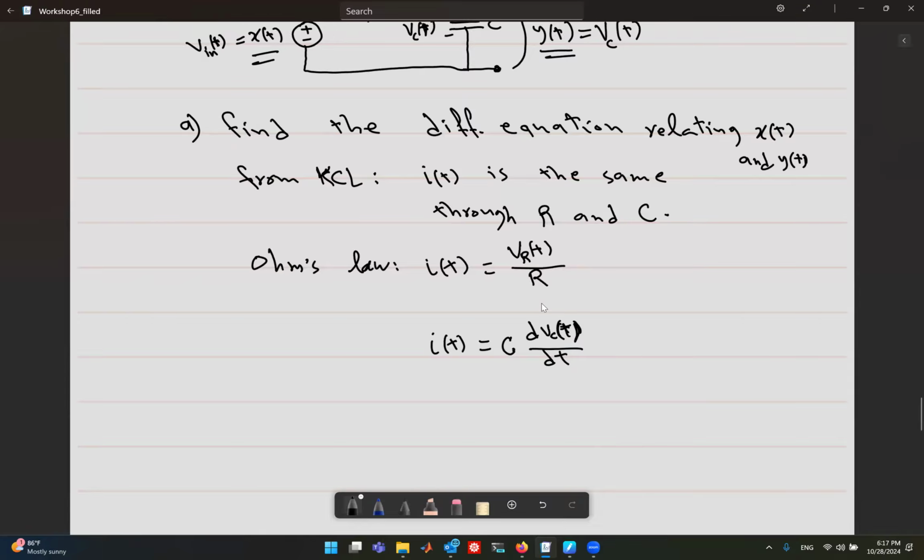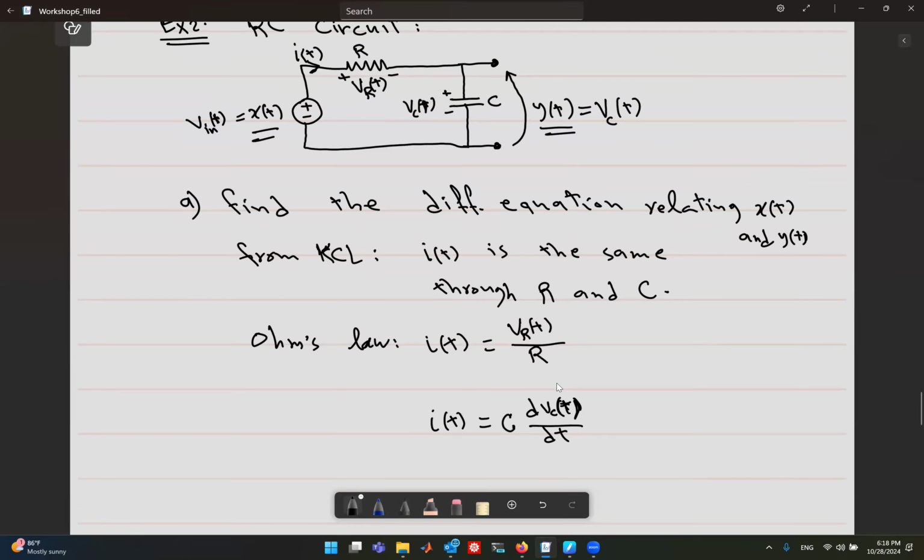You should be able to remember these for the capacitor and the inductor. They are almost the opposite of each other. You should remember those. I'm not sure if they will be given in the cheat sheet.